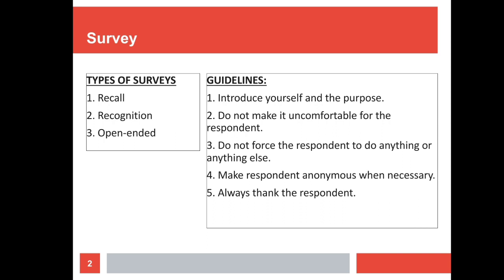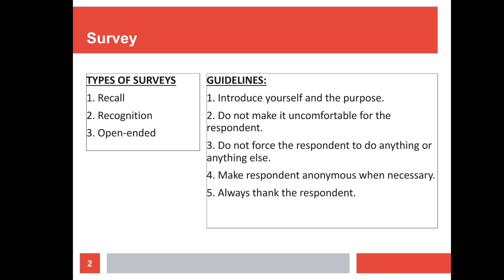With recall, it is a type of question that you ask for specific information, such as, for example, years of service, the age of the respondent, or the address of the respondent. With recognition, this type of question, on the other hand, asks for a response to a specific question where options are given, such as multiple choice, yes or no questions, or a rating scale format.